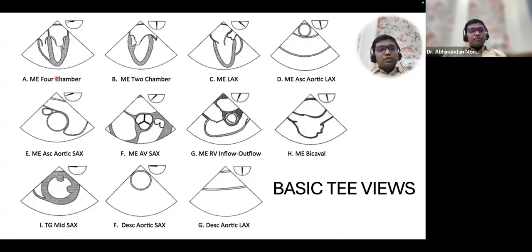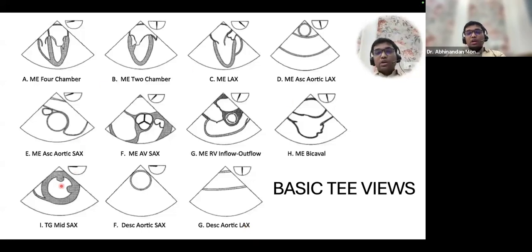The first view was mid-esophageal four chamber, second mid-esophageal two chamber, third mid-esophageal long axis view, then mid-esophageal ascending aortic long axis view, mid-esophageal ascending aortic short axis view, mid-esophageal aortic valve short axis view, mid-esophageal RV inflow outflow view, mid-esophageal bicaval, transgastric mid short axis view, descending aortic short axis view, and descending aortic long axis view.